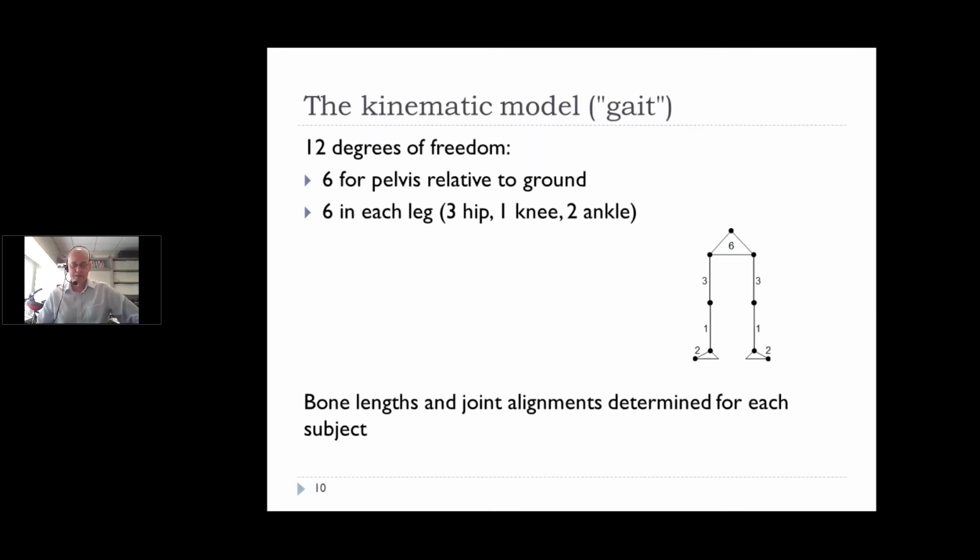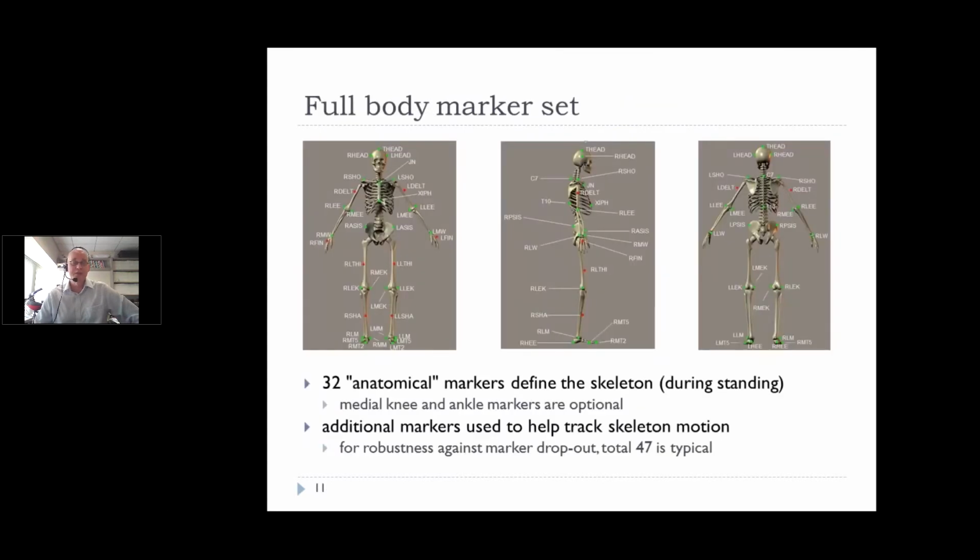So again, these bone lengths and joint centers and joint axes are determined for each subject, and here are a few examples of how that's done. So first of all, I'm going to do this for the full body. So the full body marker set looks like this, and there are 32 so-called anatomical markers that define where the joints are, and that's done while the subject is standing. So we get the coordinates of all these markers, and then we calculate where the joints are.